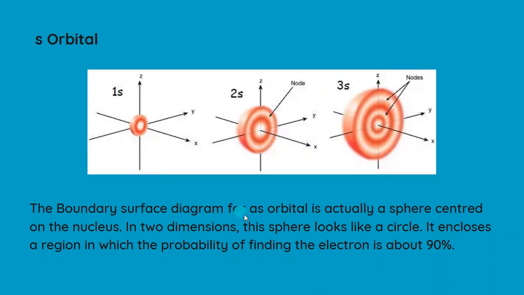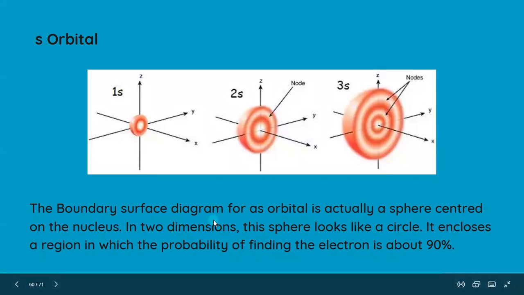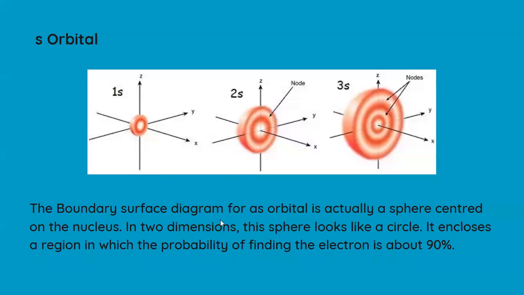The boundary surface diagram is actually a sphere centered on the nucleus. In 2 dimensions, it will look like a circle, and the probability of finding the electron is 90%. You need to notice that 1s, 2s, and 3s are all basically spheres, and in 2 dimensions they would look like circles.